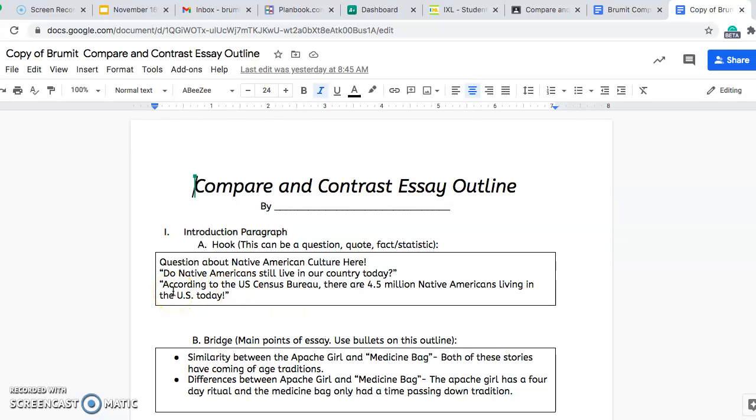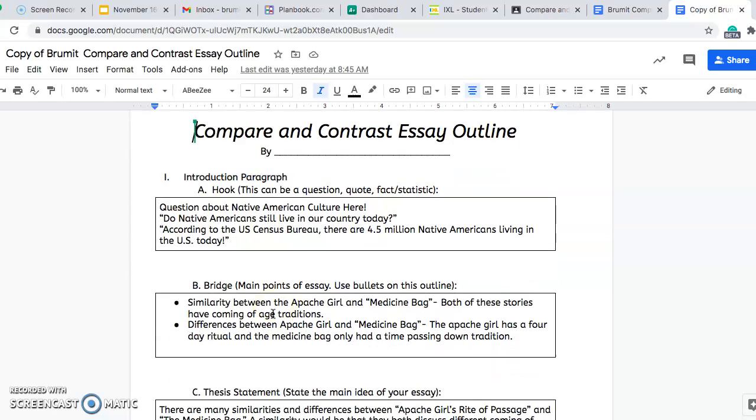And then a fact about Native American culture: according to the U.S. Census Bureau, there are 4.5 million Native Americans living in the U.S. today. These both would make great hooks, but I would prefer if you think of something a little bit different. If you can't, I understand, but please try your hardest to think of a question, quote, fact, or statistic about Native American culture for here.